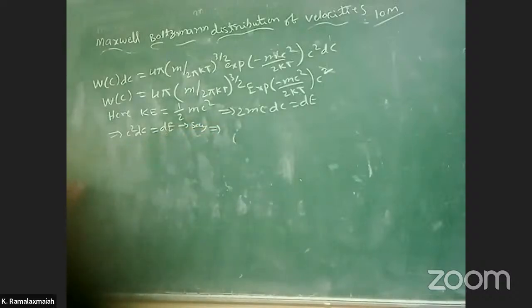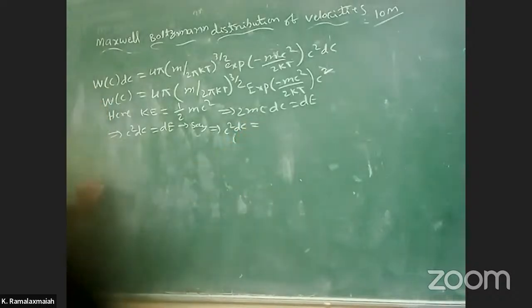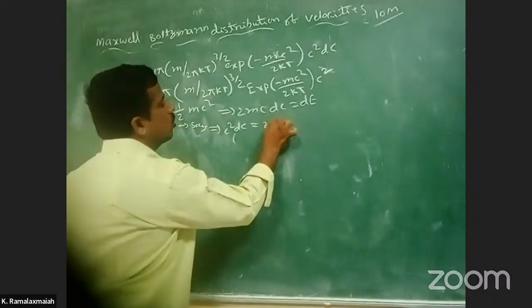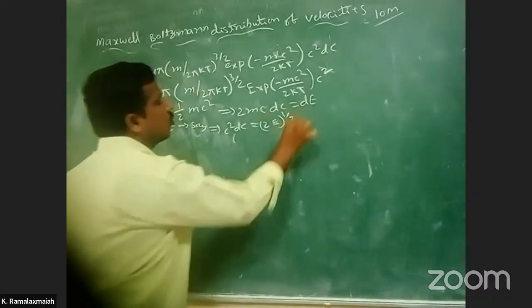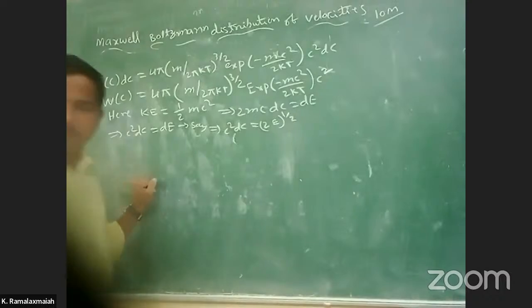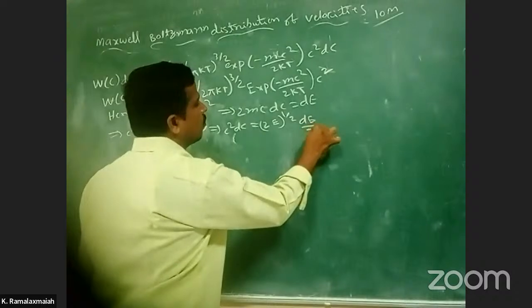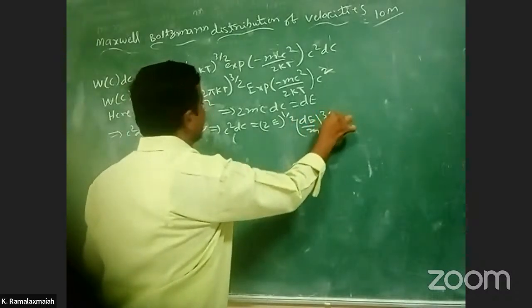So the value c square dc is equal to (1 by 2) (dE by m) power of 3 by 2.